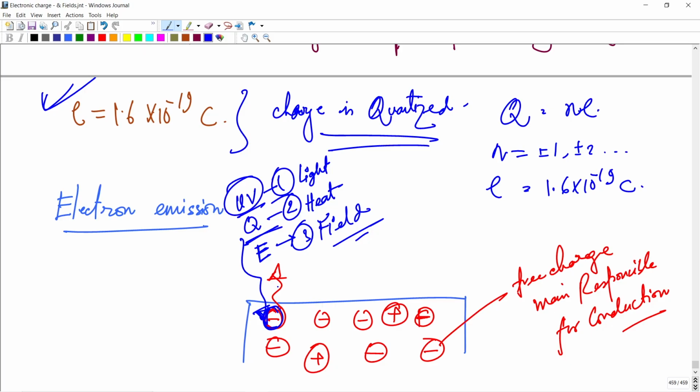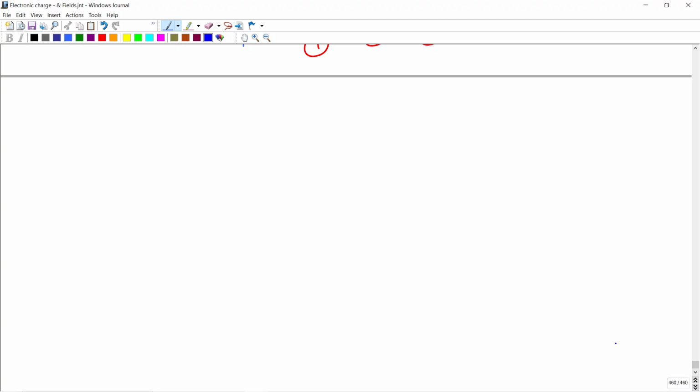But here is a point: when an electron is released from a metal, like sodium, suppose you consider sodium, whose electronic configuration is 2, 8, 1. If one free electron escapes from the metal, sodium becomes a positive ion. This electron is a negative charge.